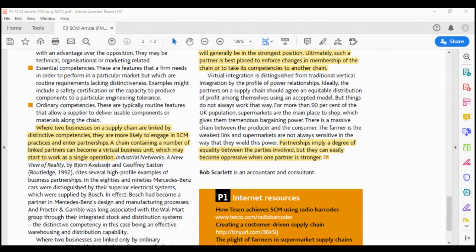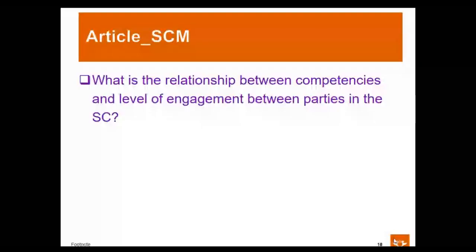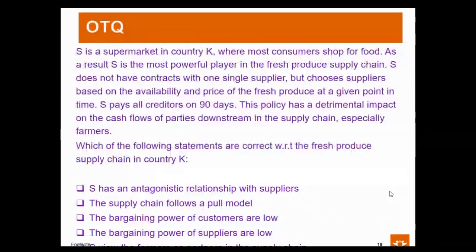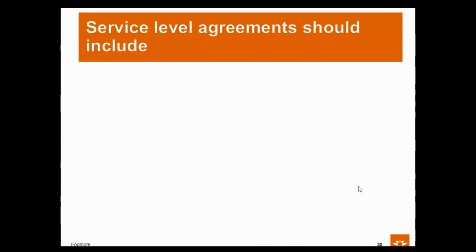So going back to the slides again. And here we have some OTQs.